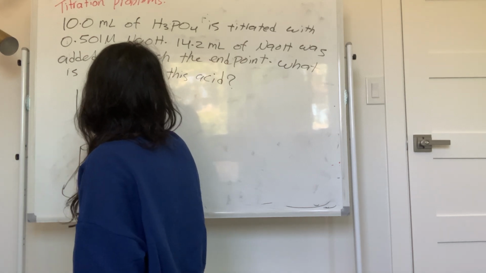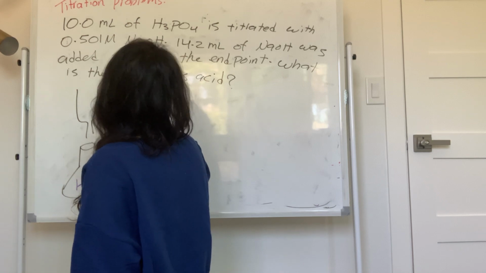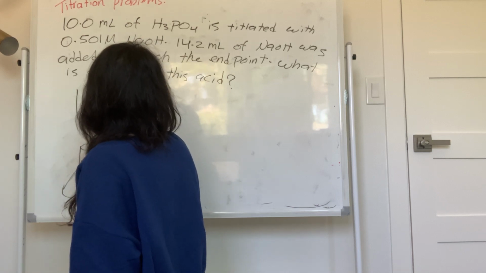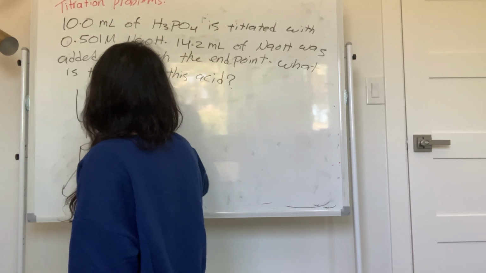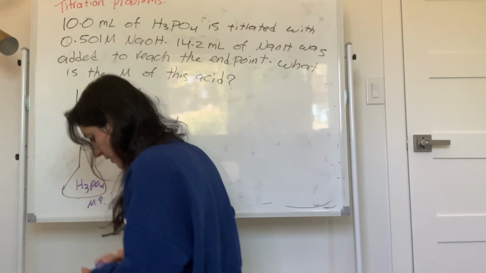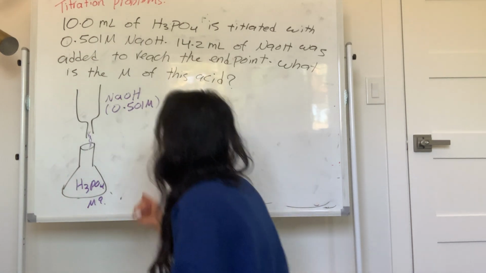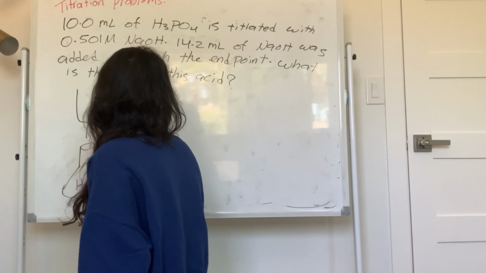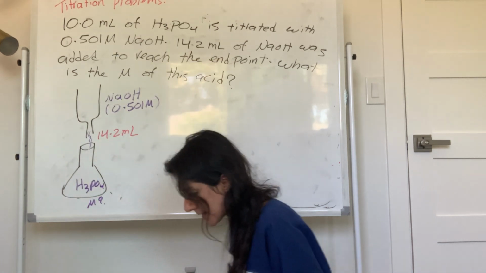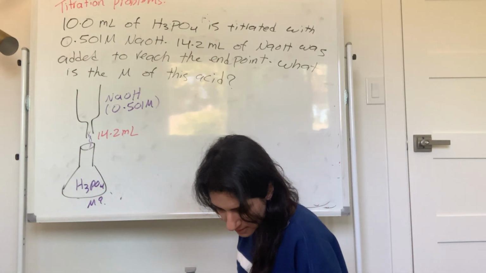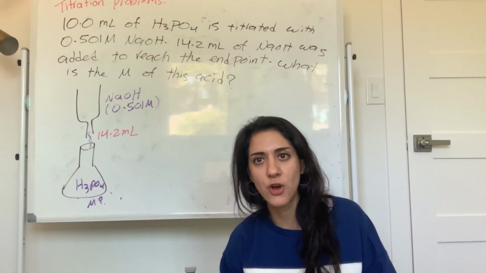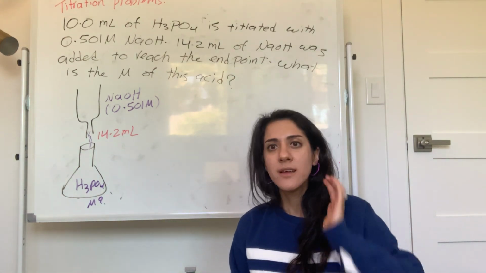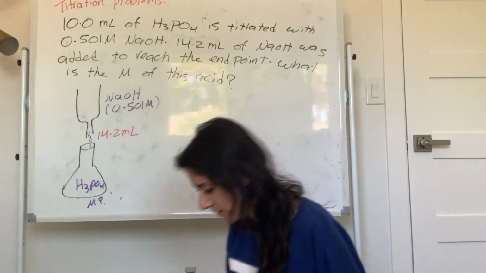Over here we have NaOH that we use, and it was 0.501 molar. And now how much NaOH did we add? We added 14.2 ml, and then it changed color. So far so good. We reached the endpoint. All right.